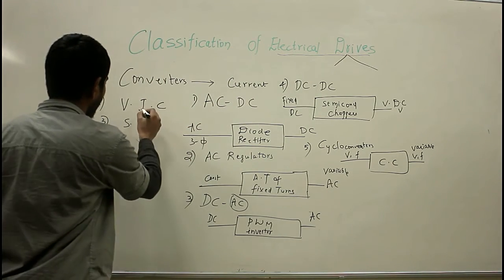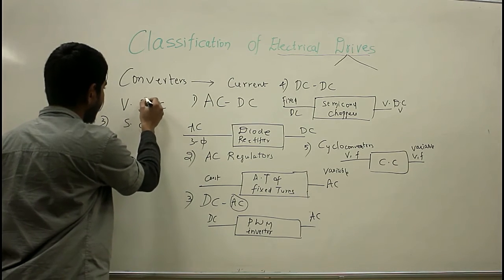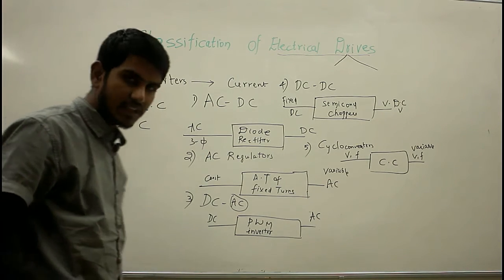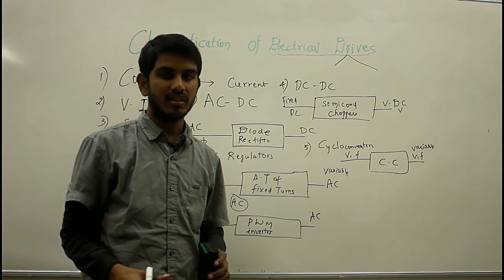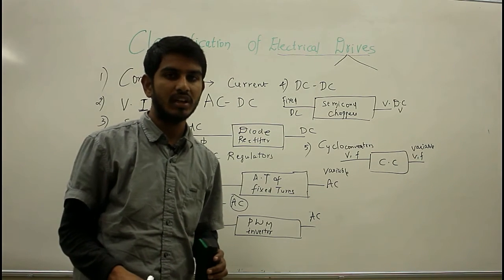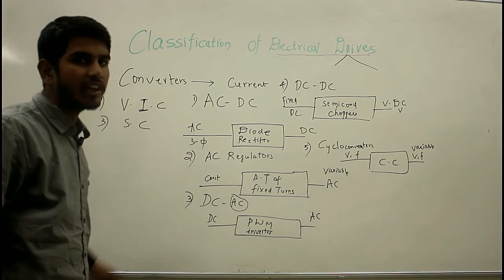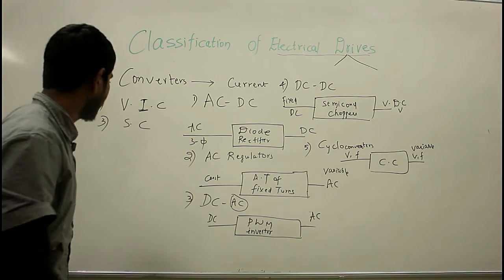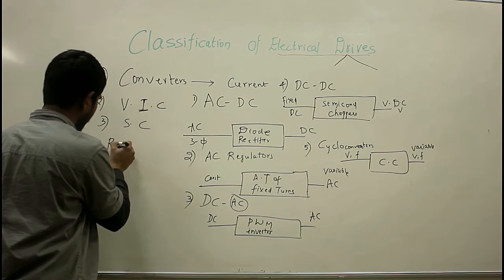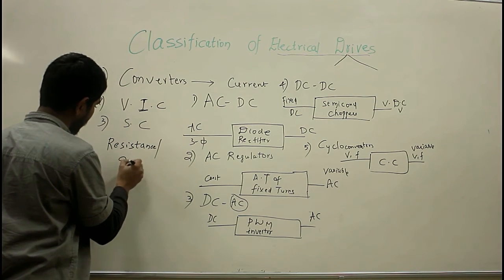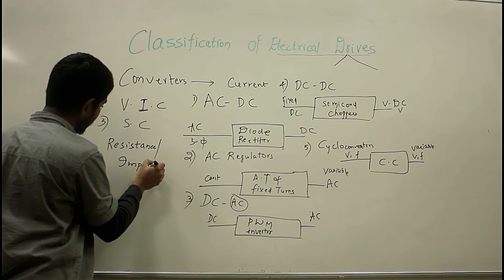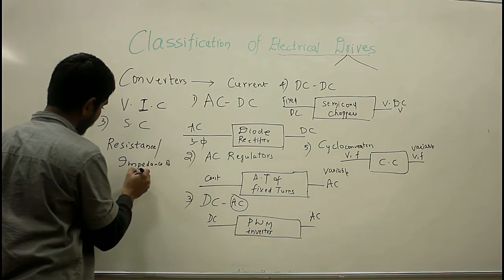Now let us move to the variable impedance circuits. Basically your variable impedance circuits are used as a control method to control the speed of the motor by varying the resistance or impedance of the circuit.